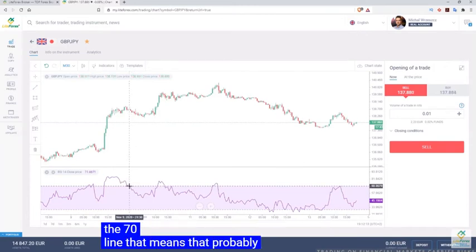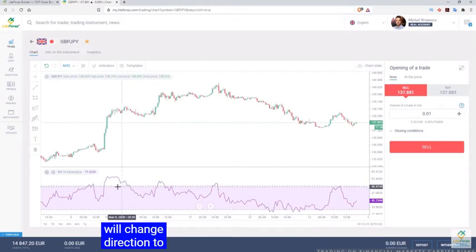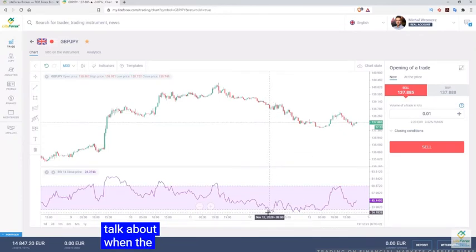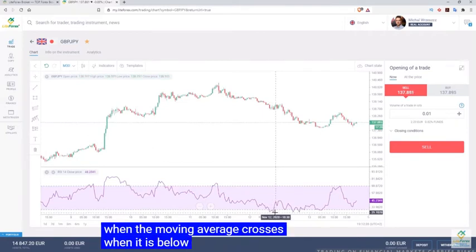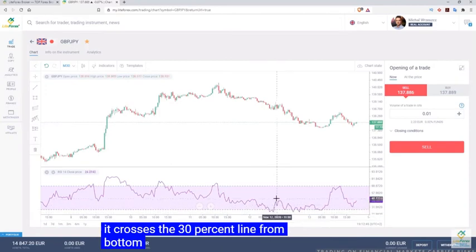That means that probably the trend will change direction from uptrend to downtrend, and in the opposite direction when the moving average is below the 30% line and crosses it from bottom to the upside.